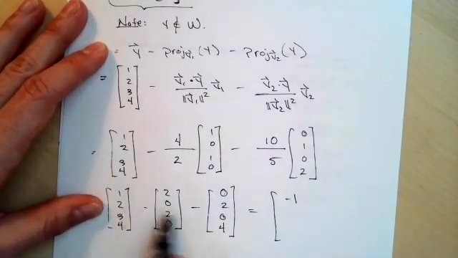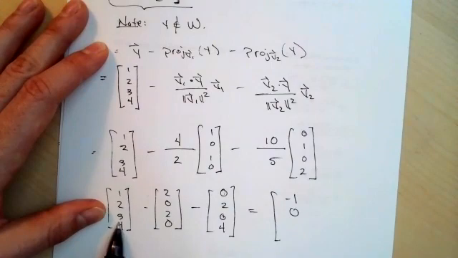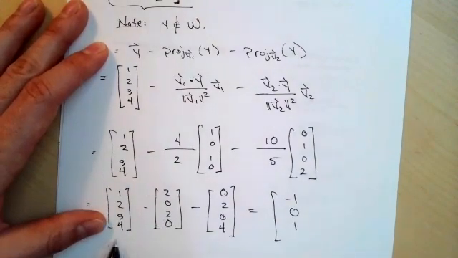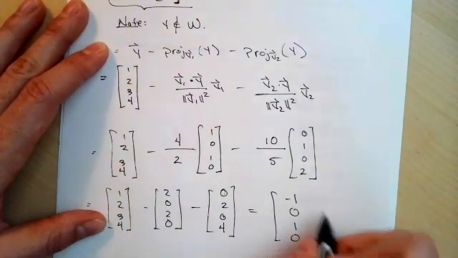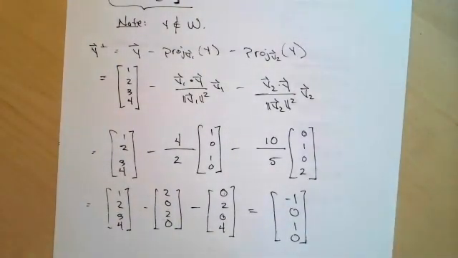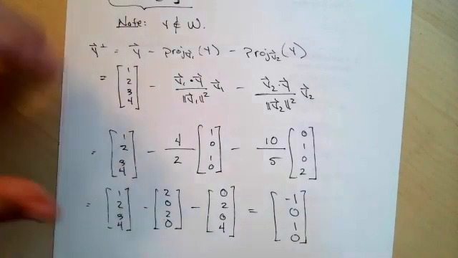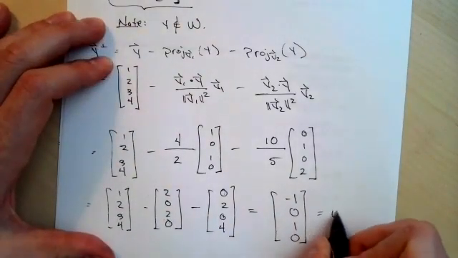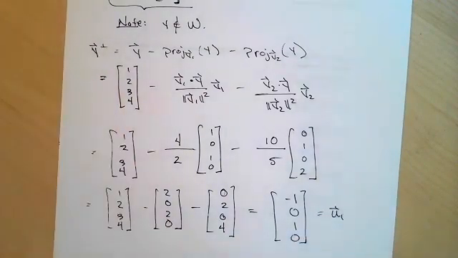Minus 1, 0, 1, and 0. So let's call this guy our U1. That'll be our first basis element for W perp.